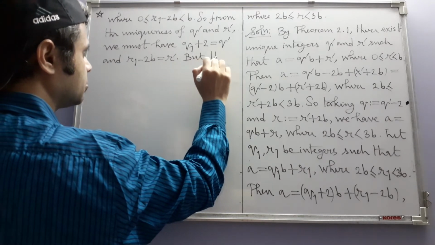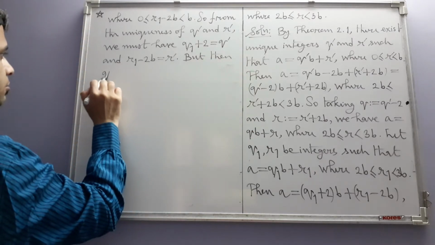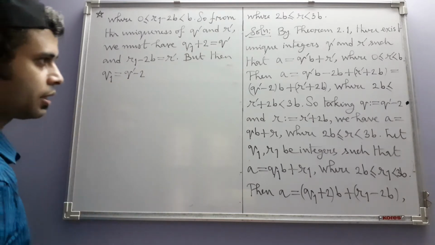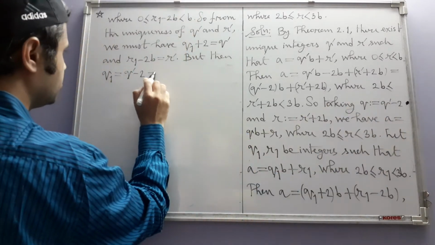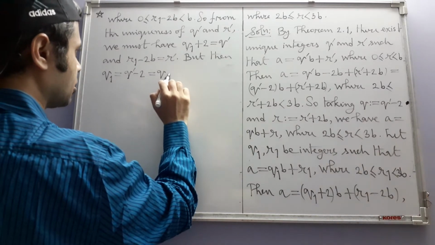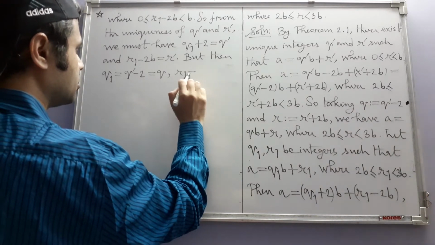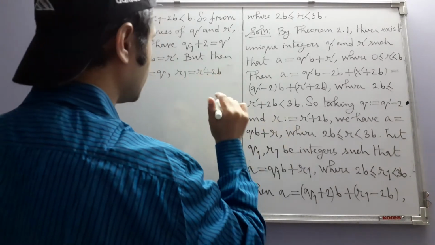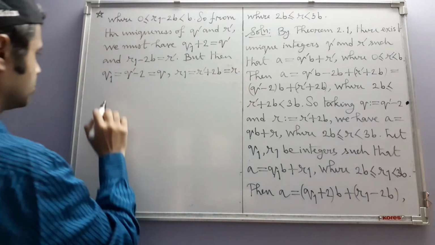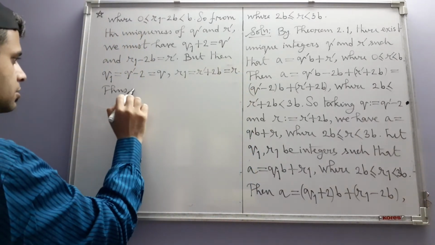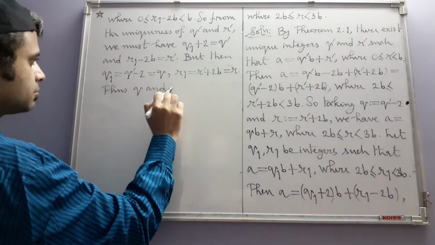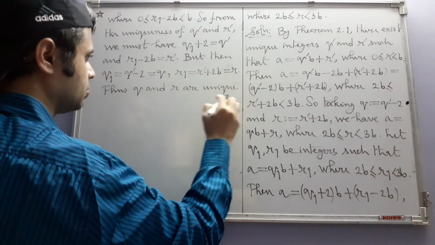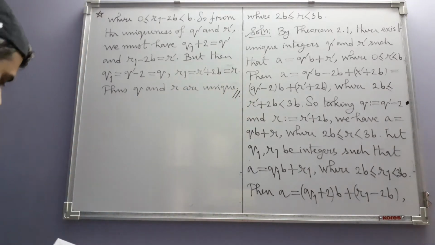But then q1 is equal to q prime minus 2, and q prime minus 2 is q, and r1 is equal to r prime plus 2b, which is r. Thus q and r are unique, and this completes the solution.